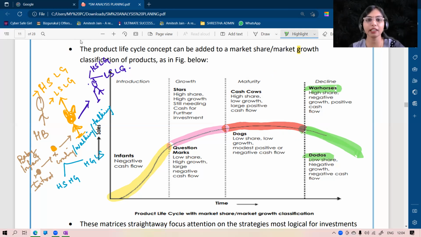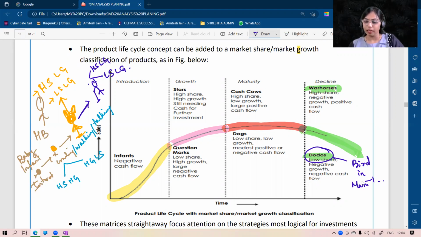Now let me explain what dodos and war horses are. Dodo is a type of bird, found in Mauritius, I think. It has a negative impact and doesn't do anything.